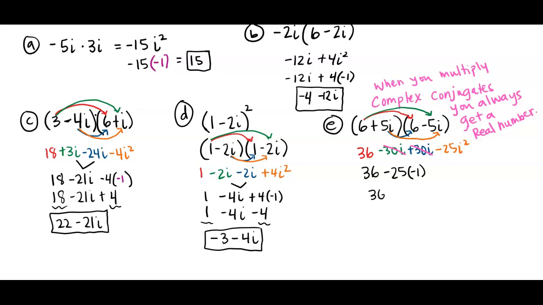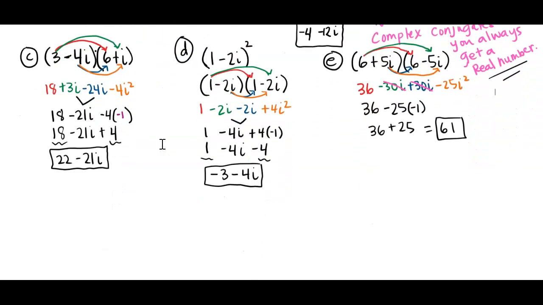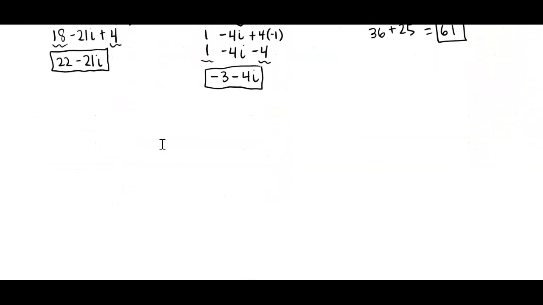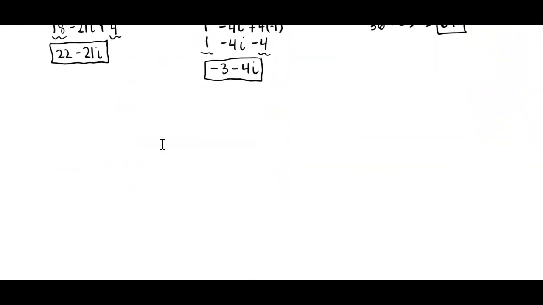So I really have 36 plus 25, which gives me 61. So that's how I end up with that real number. There's not an imaginary part anymore on that. Okay? And so that kind of leads us to the division. So our next example is going to be about dividing when we have these complex numbers.